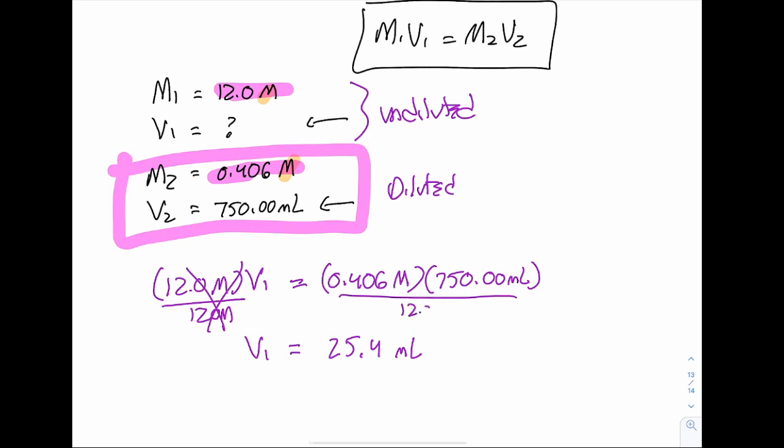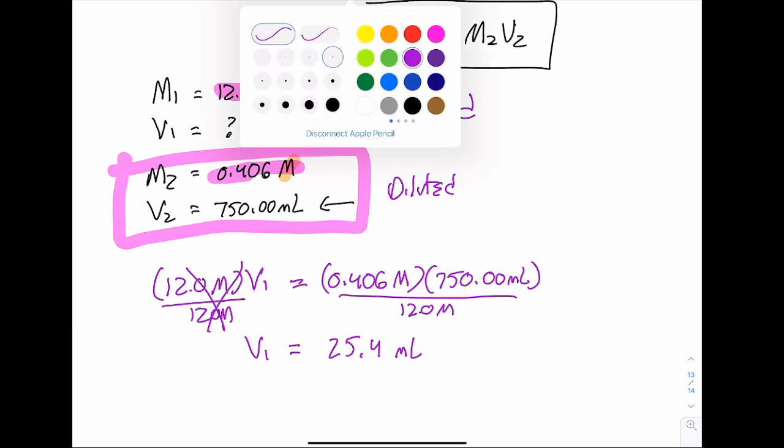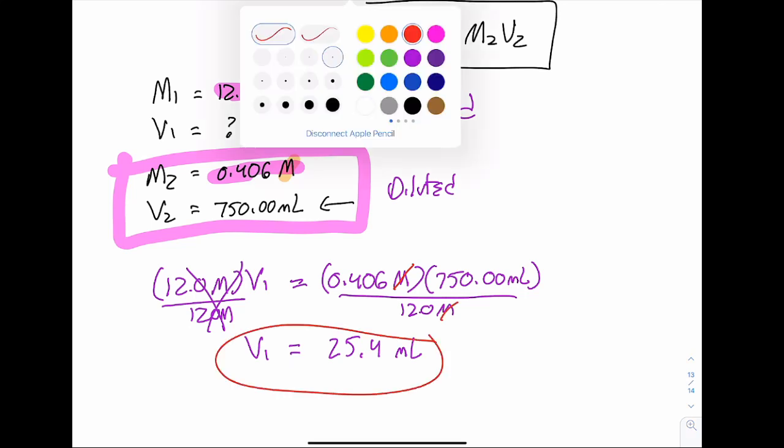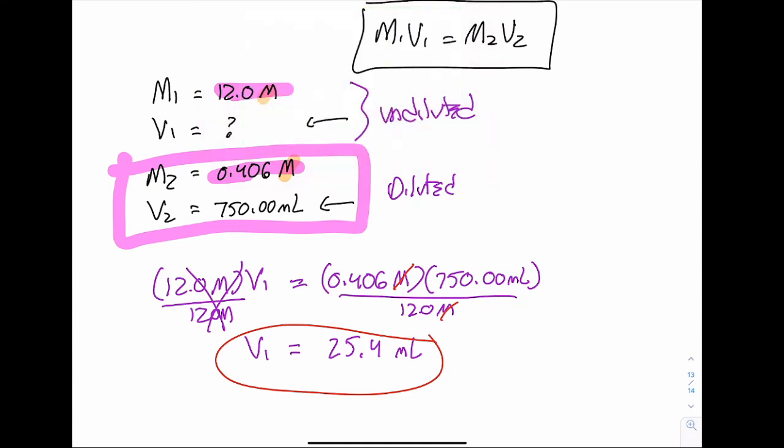And then over here, 12 molar. So my molarities cancel, and I'm left with milliliters as my units. Significant digits. This is a mess now, when the 12 is 3, 0.406 is 3, and then 750.00 is actually 5. So I want 3 significant digits in my answer.